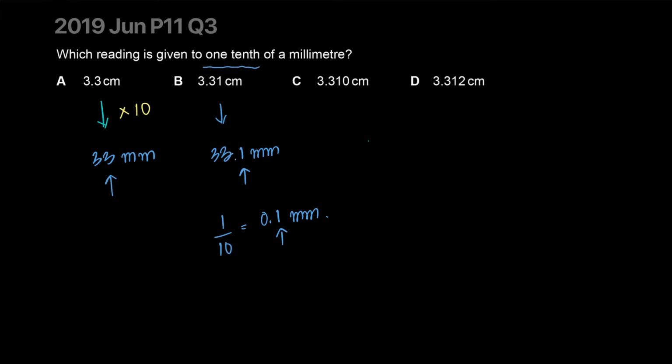Similarly this is going to be 33.10 millimeter, and this is 1/100th of a millimeter, and this is 1/1,000th of a millimeter. So at this point we know our answer. It's going to be B.